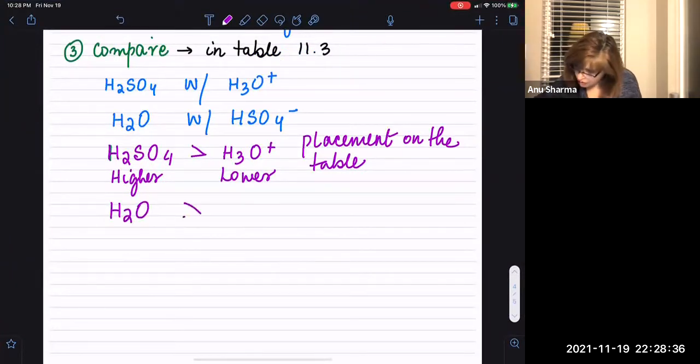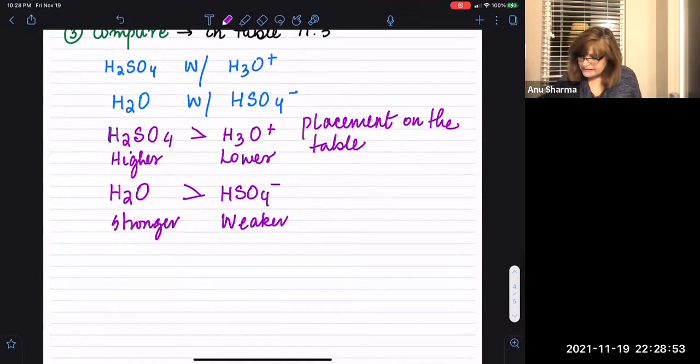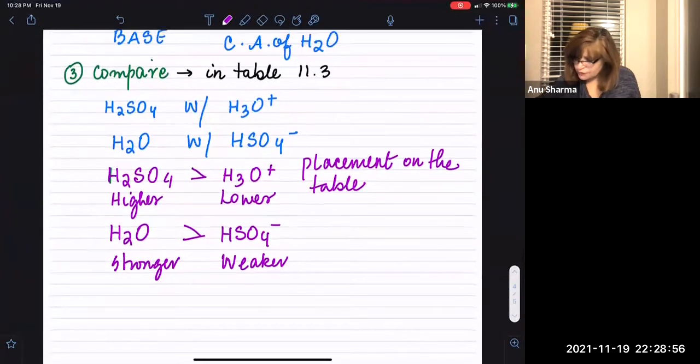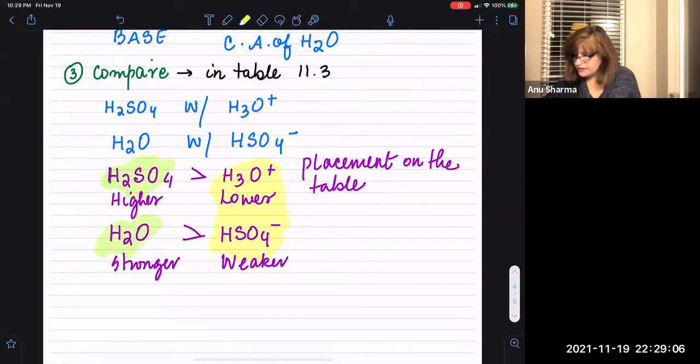H2O stronger, and HSO4, 1 negative, is lower, like weaker. And this is stronger. So we see that H2SO4 and the water are the strong ones, and in comparison, these guys are the weaker ones.